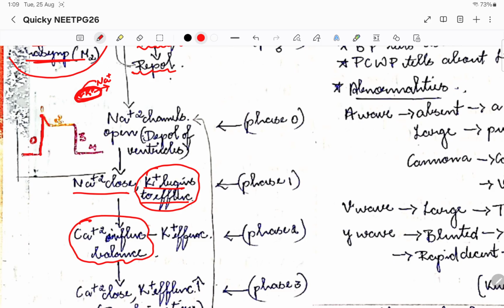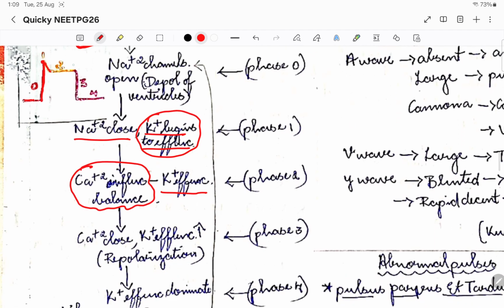Sodium influx was stopped already, but now to balance the amount of potassium going out, calcium influx starts, and the potassium efflux continues on its own. At one certain point, the calcium channels close, because they can't handle this anymore.